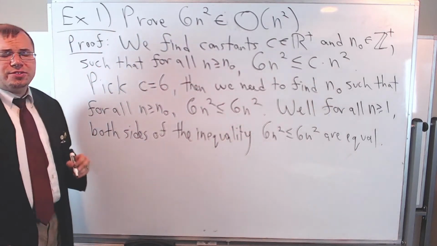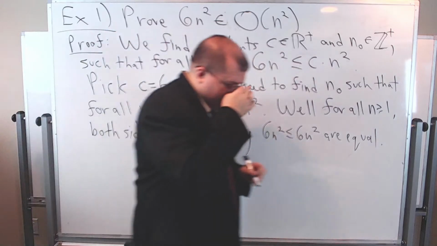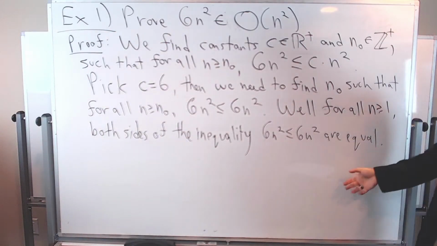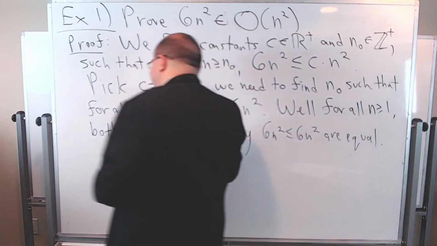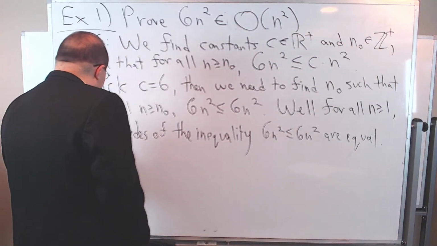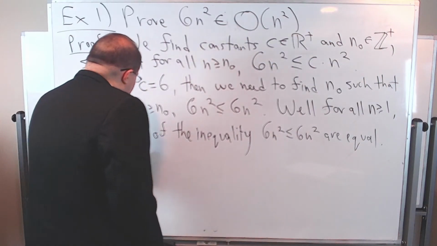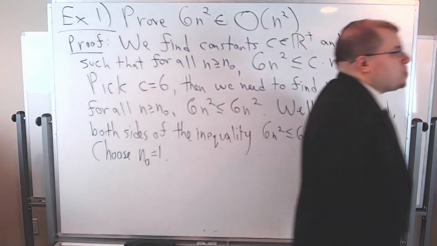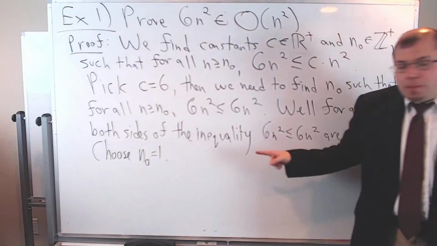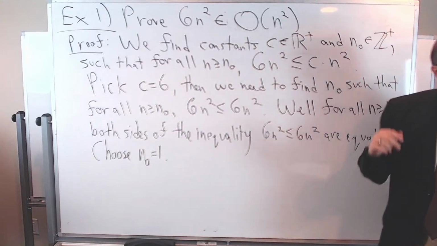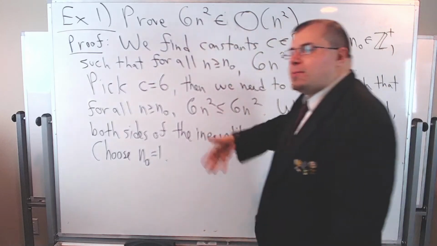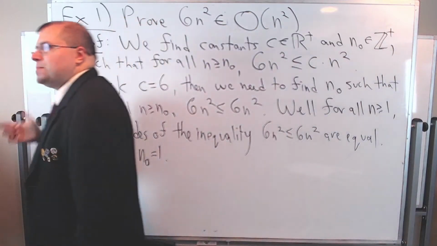So what should n0 be? It should be 1, right? Now, I'm going to choose n0 is equal to 1. But I must be careful here. It's not that n0 must be 1. It could be 1, 2, 3, 4. It can be any number that is 1 or greater.